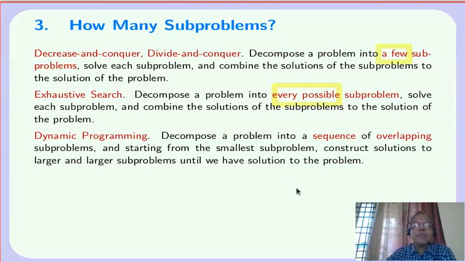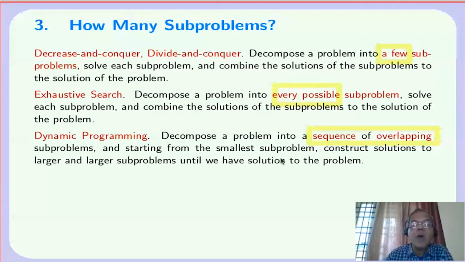In DP, decompose a problem into a sequence of overlapping subproblems. I want you to mark the highlighted words. A few subproblems, every possible subproblem, a sequence of overlapping subproblems.